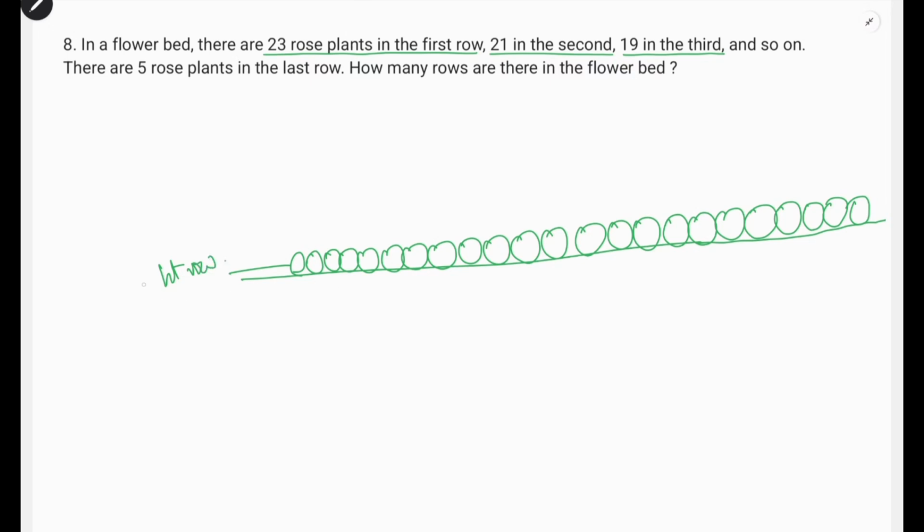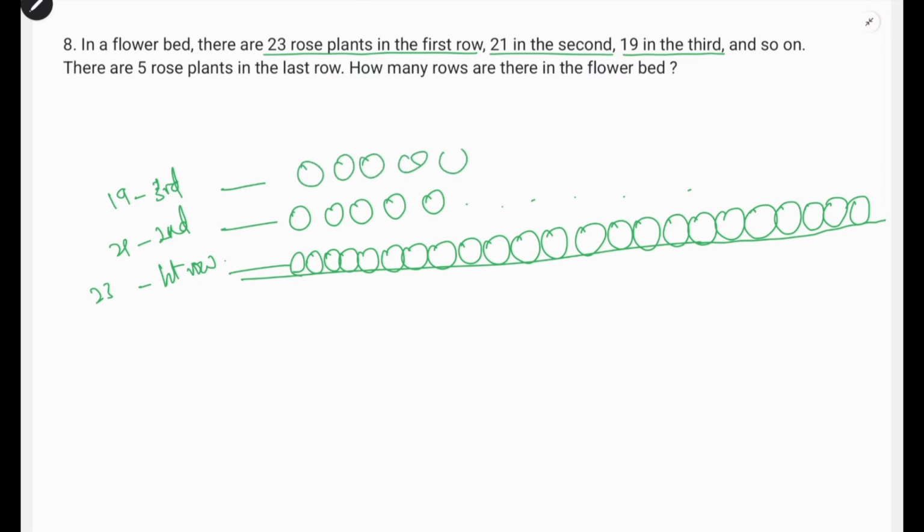Now in the first row there are 23, and in the second row there are 21. I am not drawing it correctly. And in the third row there are 19. And this goes on. There are 5 rose plants in the last row.